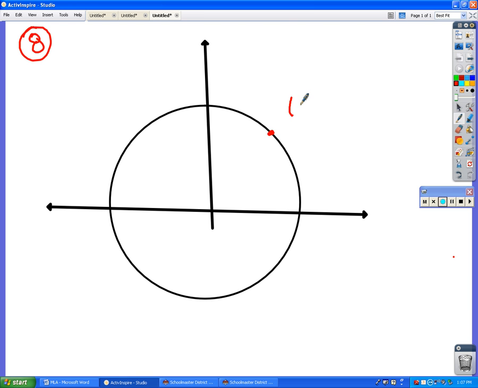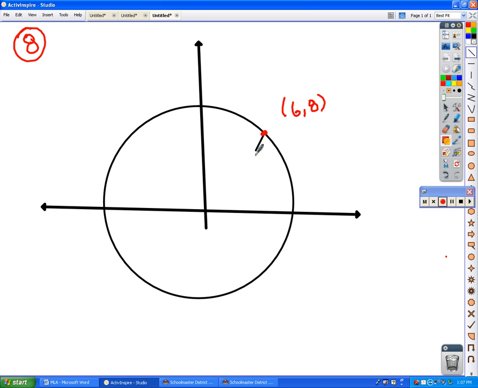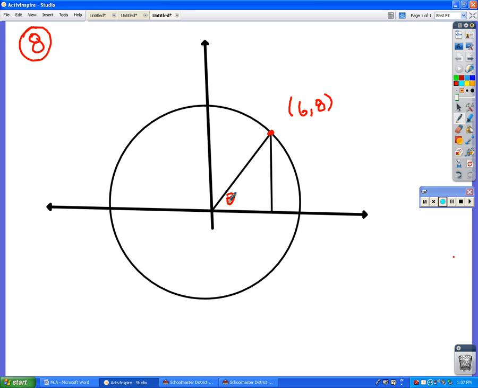All right, so you know that this point here is (6, 8). And then they give you this little triangle, and you have to figure out the sine, cosine, and tangent of that angle, okay?